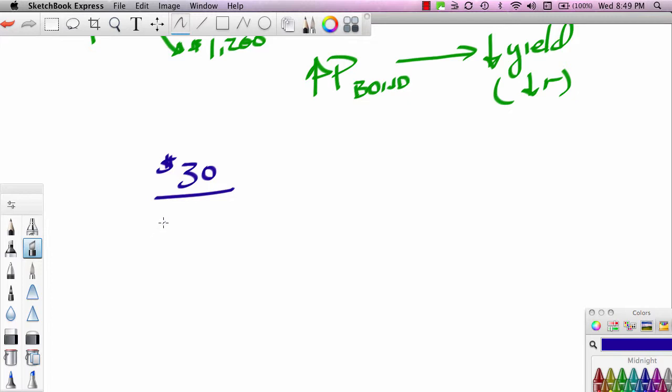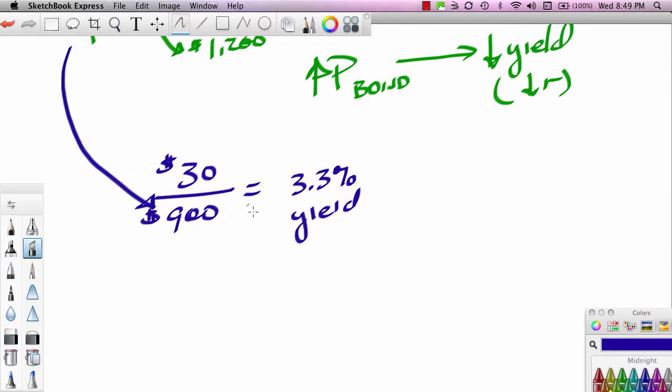But the bond can be sold for any price. Let's say the bond is sold for $900. It is sold at what is called a discount, below par. Well, what's the yield on this bond? This yield is going to be 3.3%. So what happened here is, as the price of the bond went down, from 1,000 to 900, the yield on the bond actually went up.